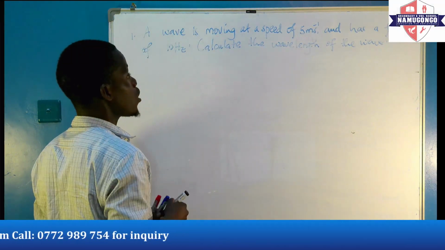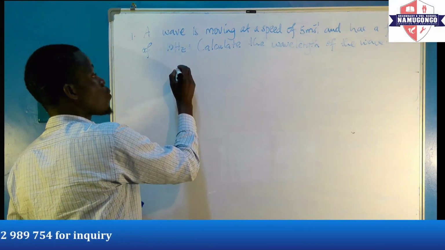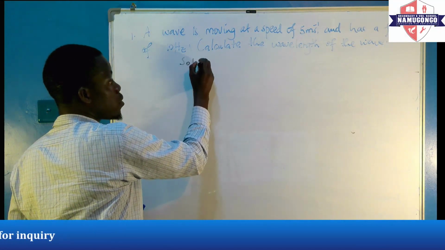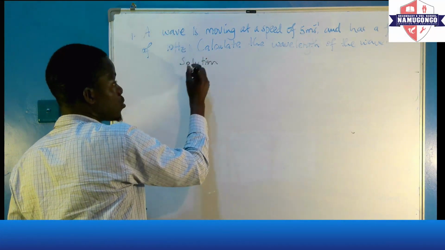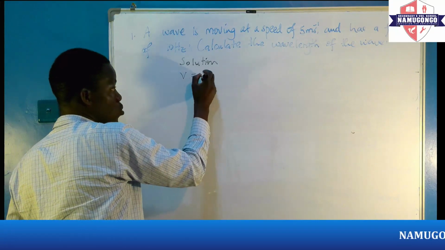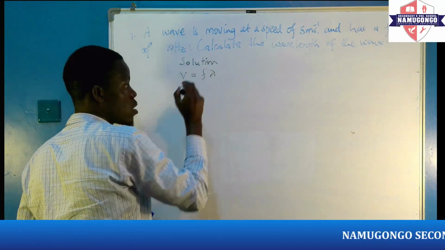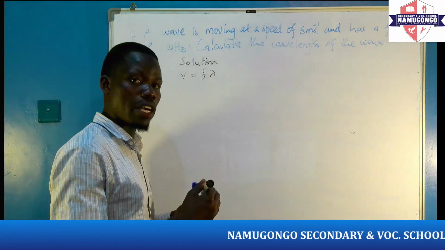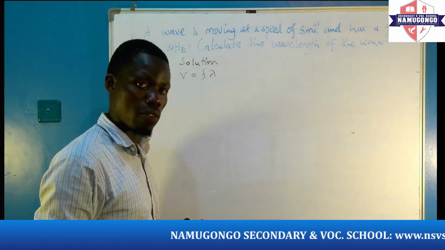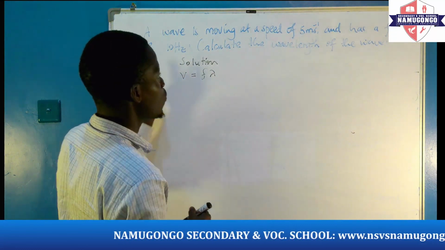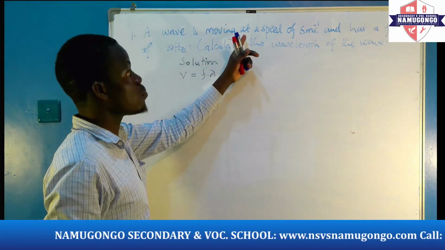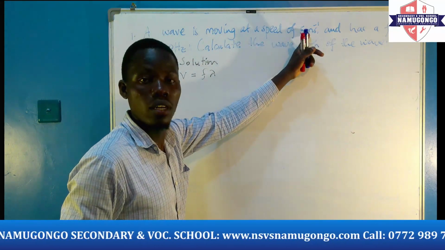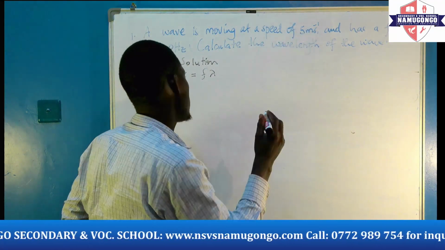So we shall go on to say, from our wave equation, we have that V is equal to F times lambda. We go on to substitute. I've said always write down what is given. What do we have? Read through the question. A wave is moving at a speed. So we take the speed as our velocity.